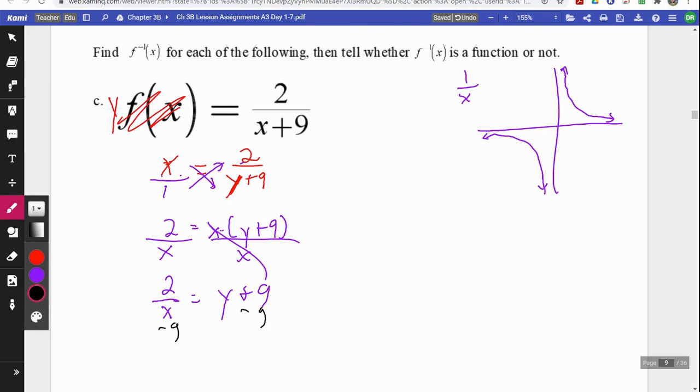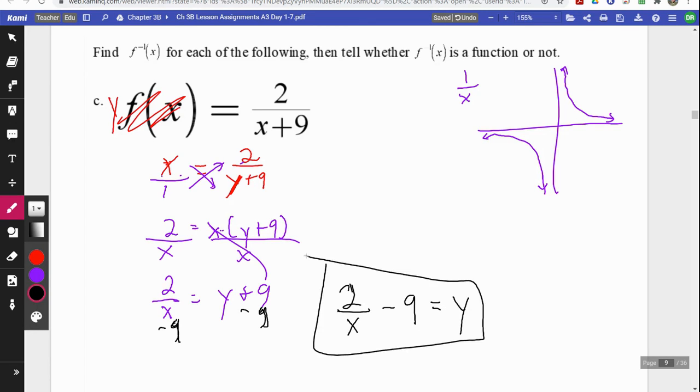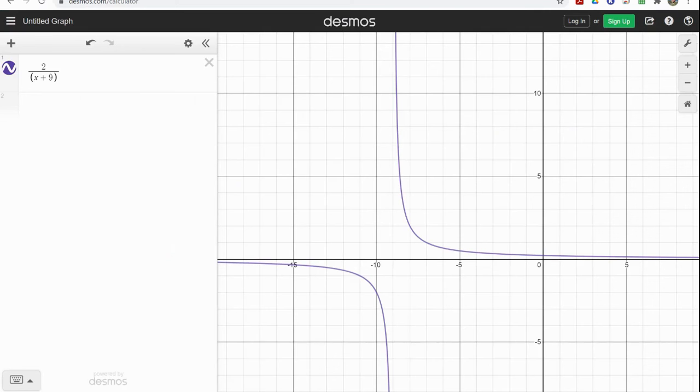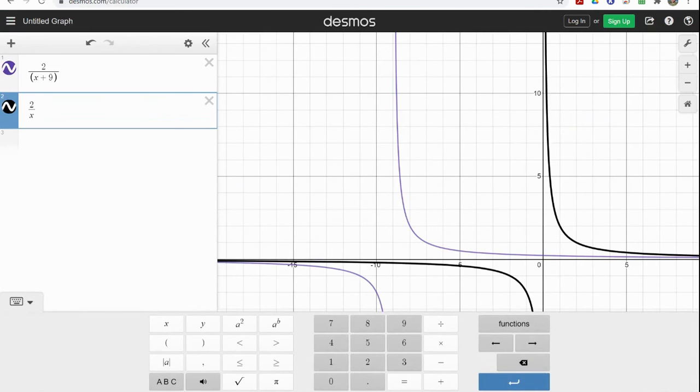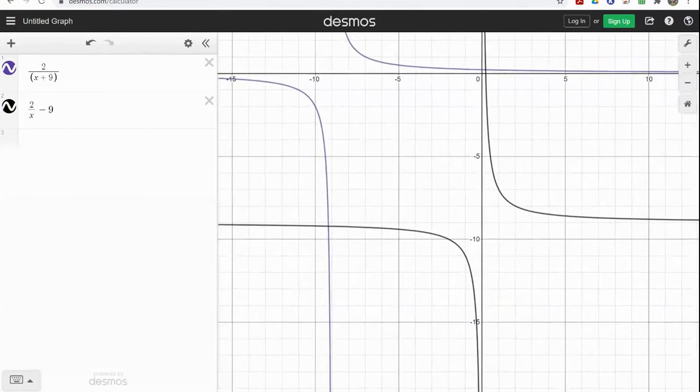So those look like g's, but they are 9s. So this looks like 2 over x minus 9 equals y. So it might be kind of fun to put that into Desmos to see what it looks like. 2 over x, and you see it's over there.